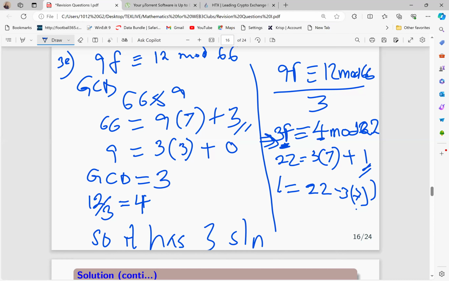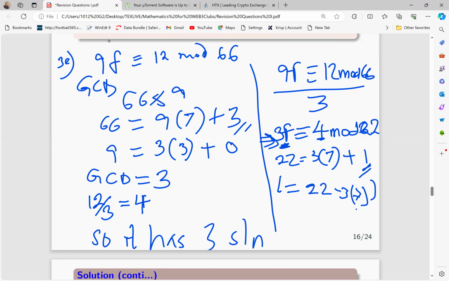Is that okay? That 7 times -3 gives you 1. But we want to get a 4, not a 1. So you multiply this equation by 4.